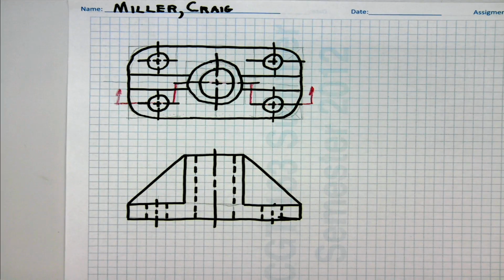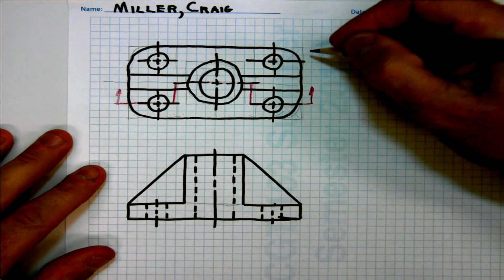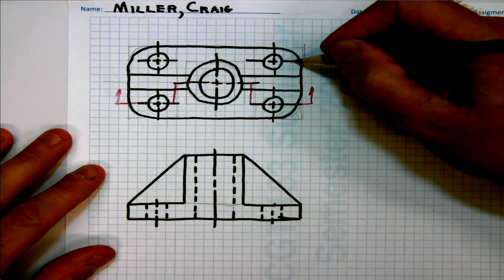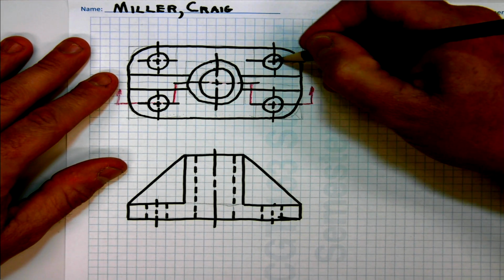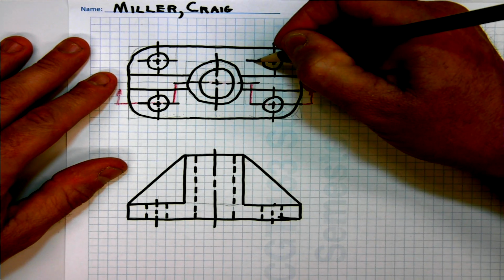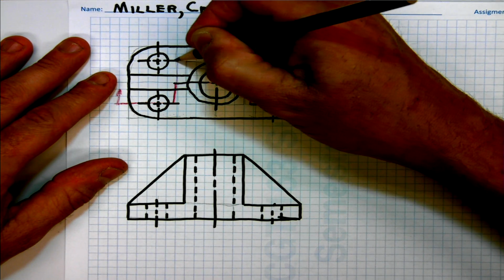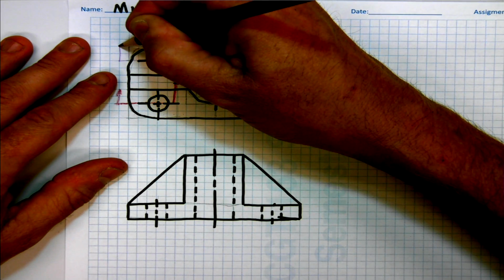The second option would be to go through here, different color, up, across, and down, over here again, and up and across here.